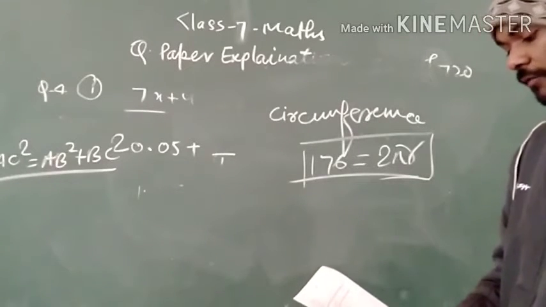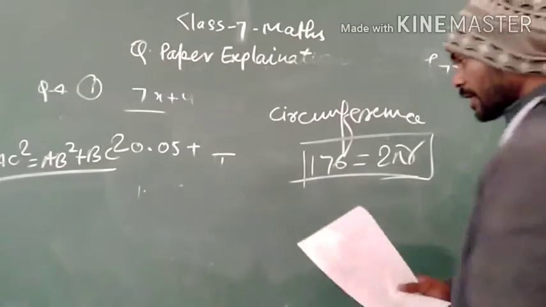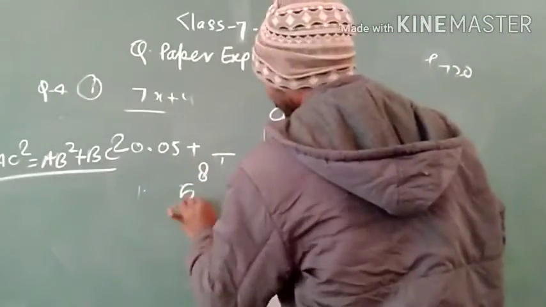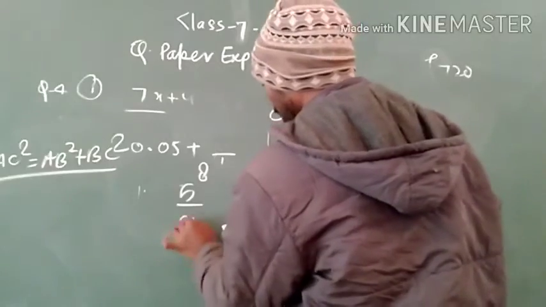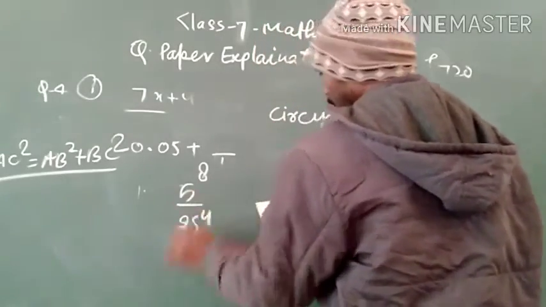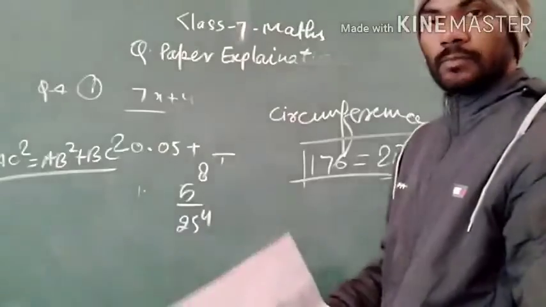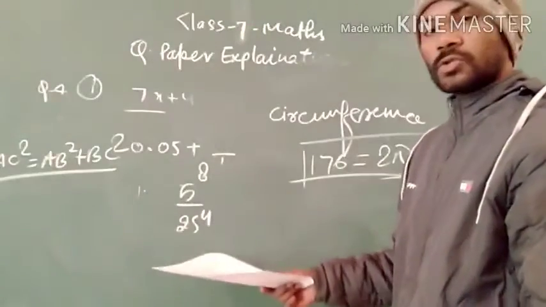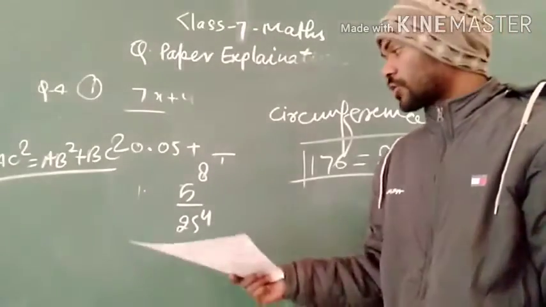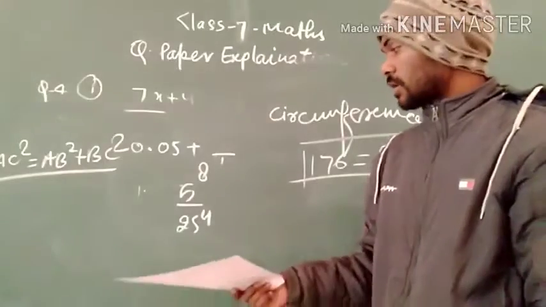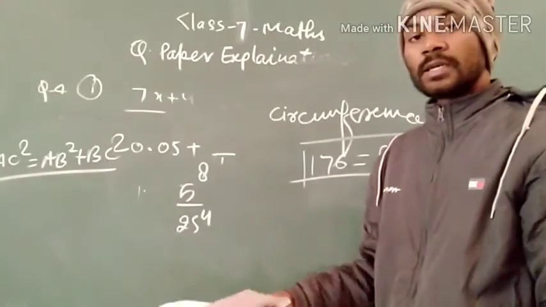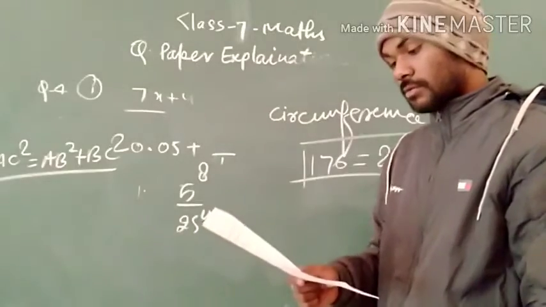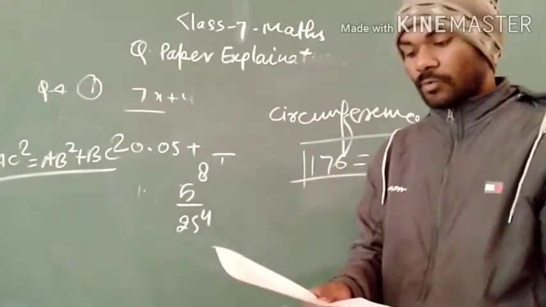The next is find the value of 5 to the power 8 upon 25 to the power 4. You have to get the value. You know how to solve this as I taught you recently. I think these are freshly set in your mind. The next, convert as required.